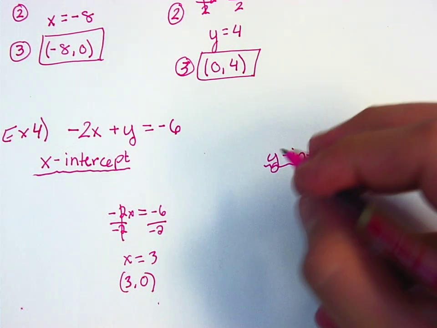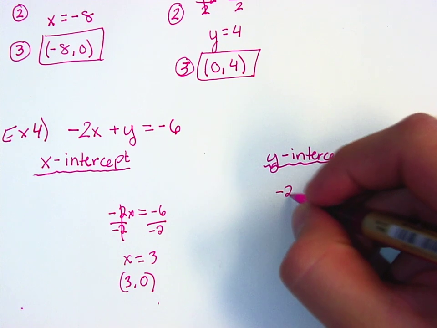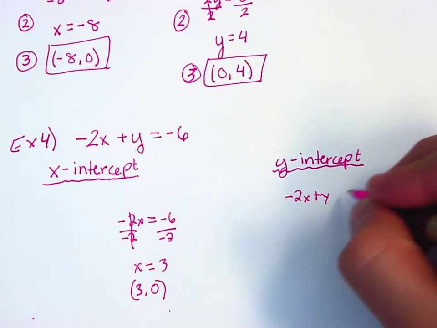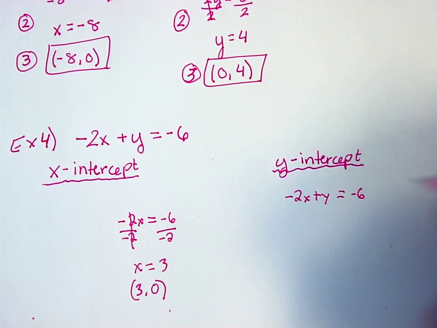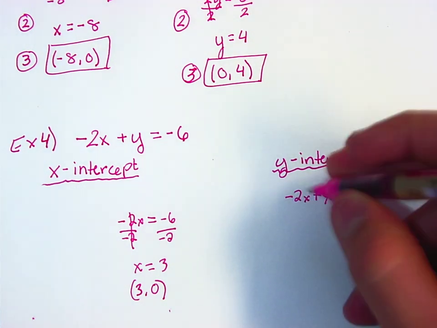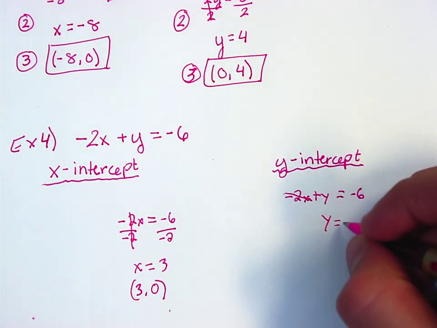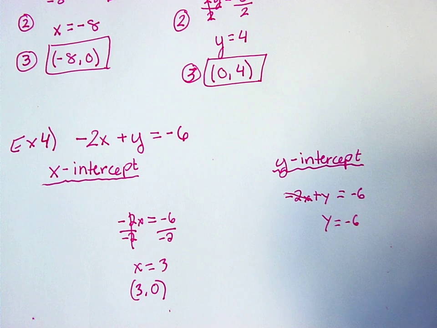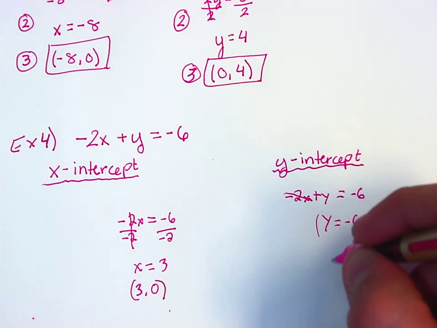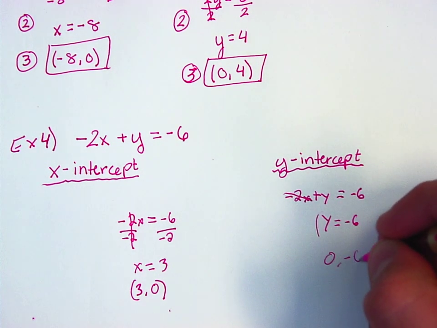And then for the y, it cancels out the x, so it's y equals -6, so it'd be 0, -6. Good job, guys. Your prize?